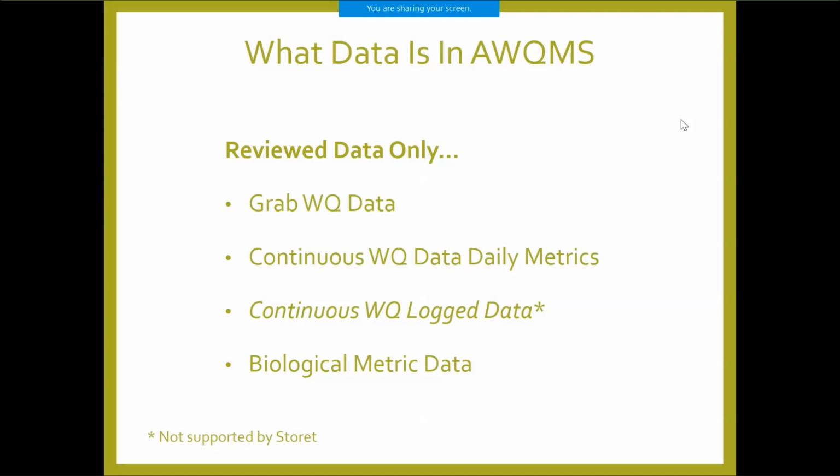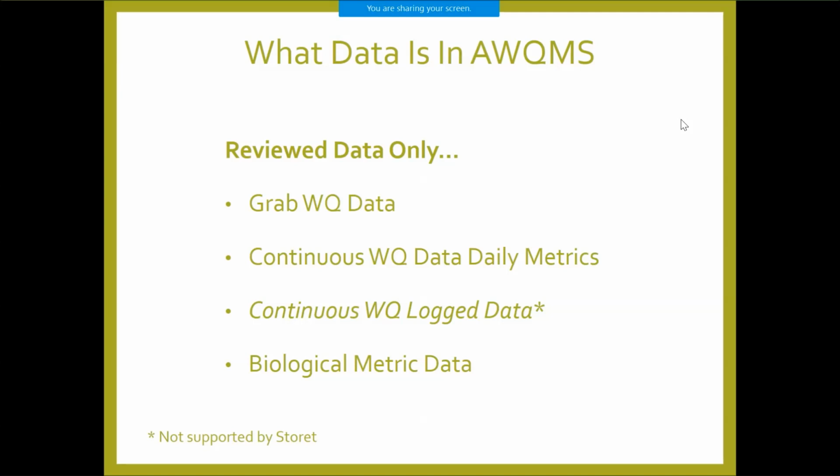The types of data include all the grab water quality data. For continuous data, we calculate basic daily metrics, things like maxes and mins, and for some, like temperature, we'll do the seven-day moving average of the daily maxima. AWQMS also has continuous tables that we populate, and also biological metric data.